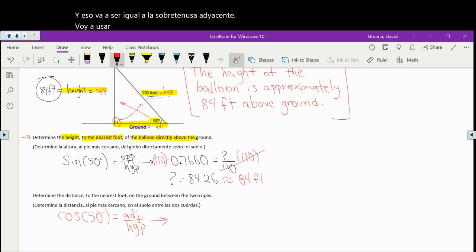So hopefully I gave you the actual chart. I need to figure out what is the cosine of 50. Can somebody look it up and give me that number? What's the cosine of 50? 0.6428.